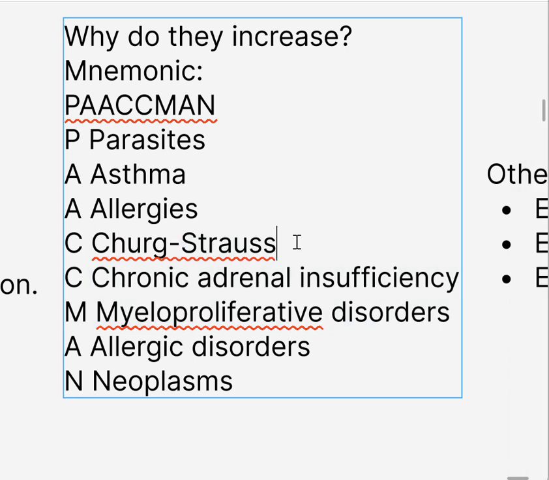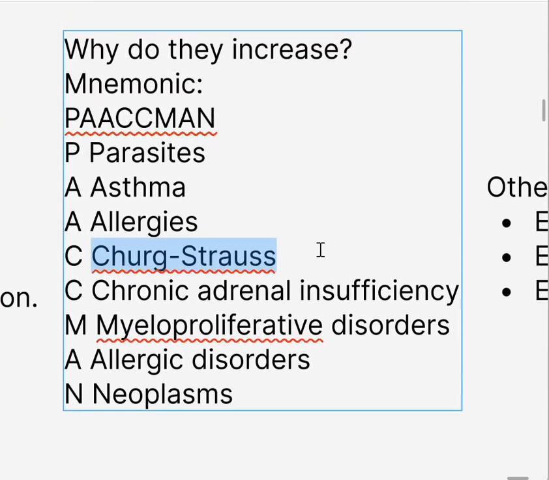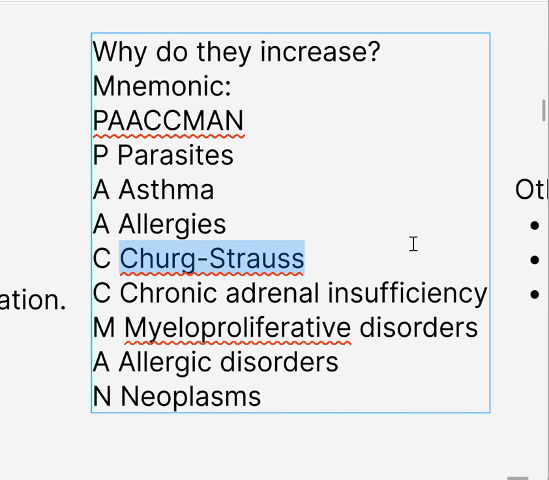We have something called Churg-Strauss syndrome, which is eosinophilic granulomatosis with polyangiitis. This disease is basically an allergic atopic immune disorder combined with vasculitis.